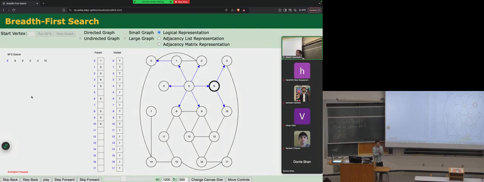The Q is sorted by distance, and hence the head of the Q must have distance 2 to insert anything with distance 3. That's the argument. So in general, what happens in BFS is there are only 2 distances ever in the Q. Do you always have 2 distances in the Q? Could you have less?